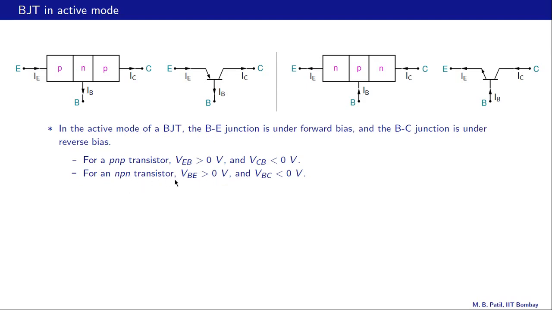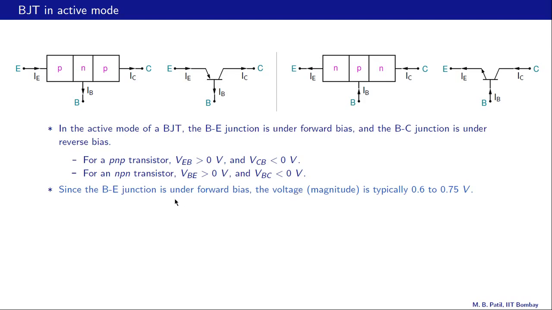For an NPN transistor, the opposite is true. VBE is greater than 0. So VBE, VB minus VE, is greater than 0. And VBC, VB minus VC, is less than 0.